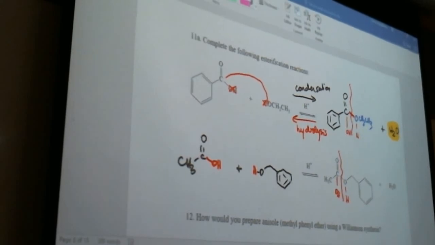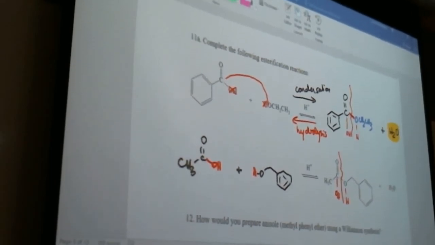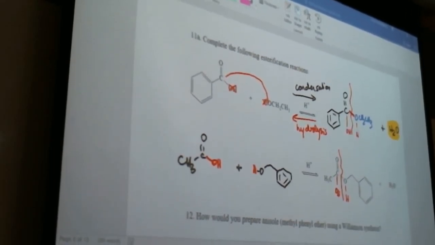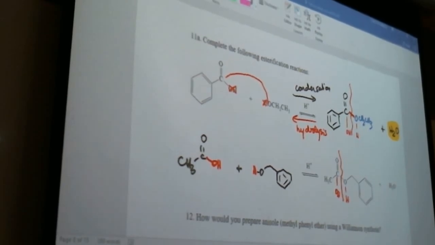So we're going to jump directly from 11 to 14, then have the first exam, and then go back to 12 and 15, which are spectroscopy, which is like a completely different thing. At the end of chapter 14.